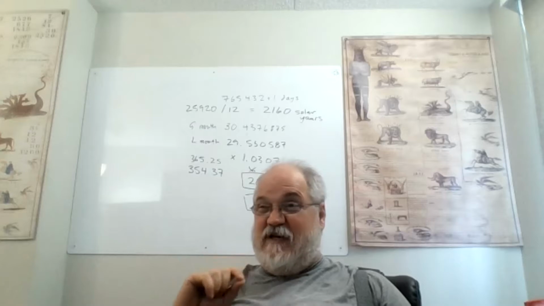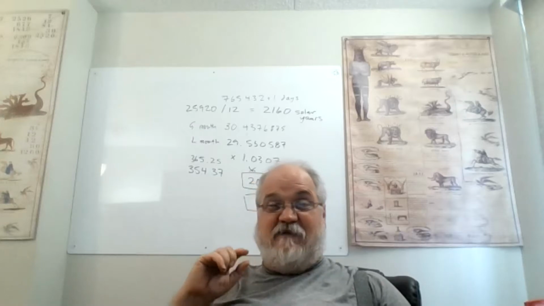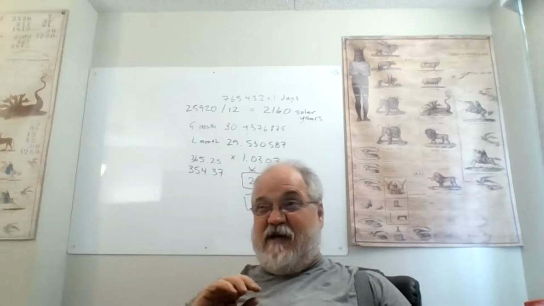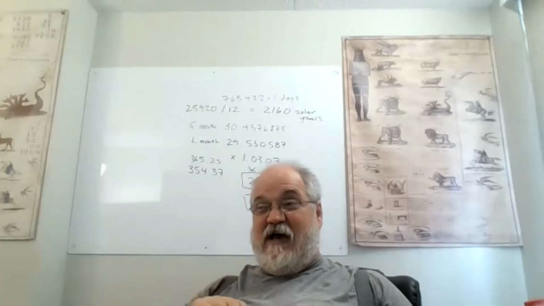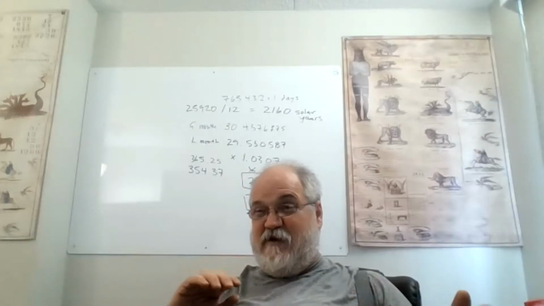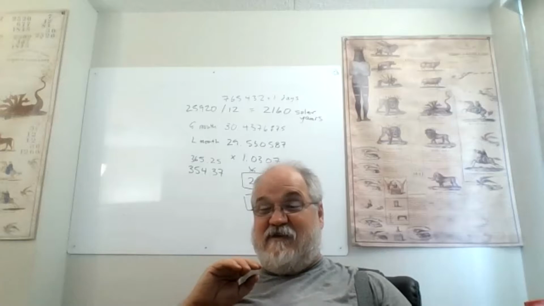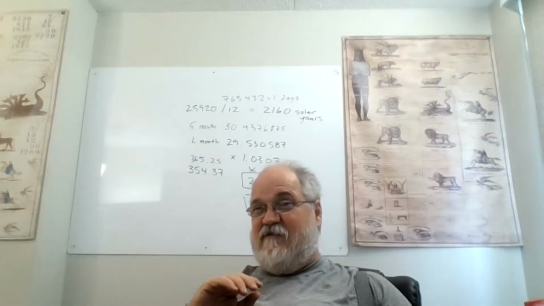We could just start looking at these numbers, looking at these dates, looking at these spans of time, looking at how these relate to the 70 weeks, how these relate to the 2,300 days, how they relate to the prophetic mirror, how all these things are interlocked, and that this number continues to show up again and again.